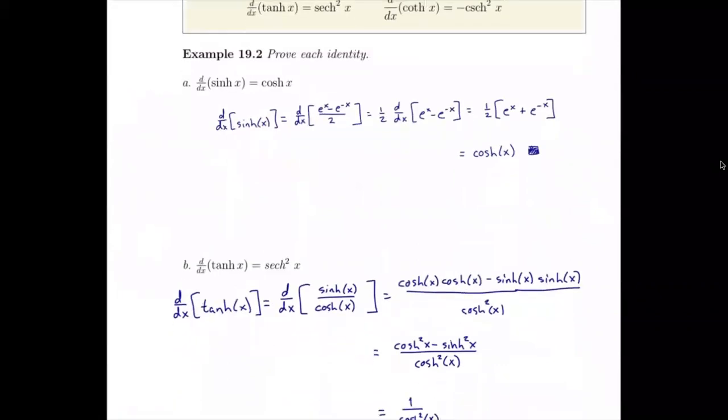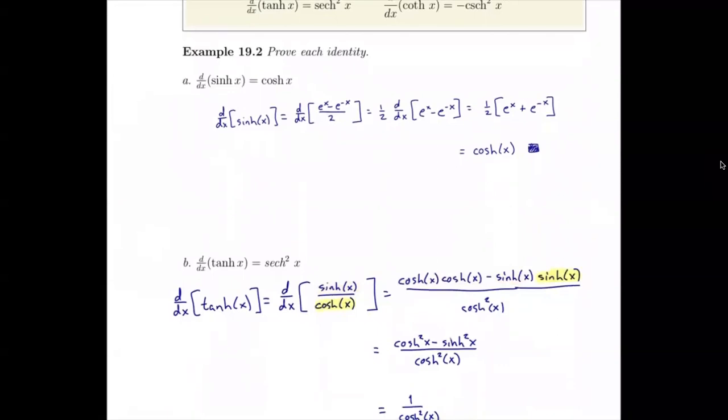The derivative of the numerator, hyperbolic sine x, is hyperbolic cosine x times the denominator. And then minus the numerator times the derivative of the denominator. Hyperbolic cosine x's derivative is hyperbolic sine x. What I see in the numerator now is hyperbolic cosine x squared minus hyperbolic sine x squared.